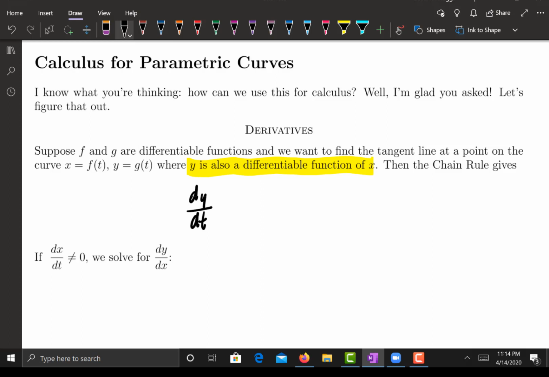Now, because y can be represented as both a function with respect to the parameter t, and as a function with respect to x, then the chain rule is going to look like, yes, derivative of the outside evaluated at the inside multiplied by derivative of the inside.